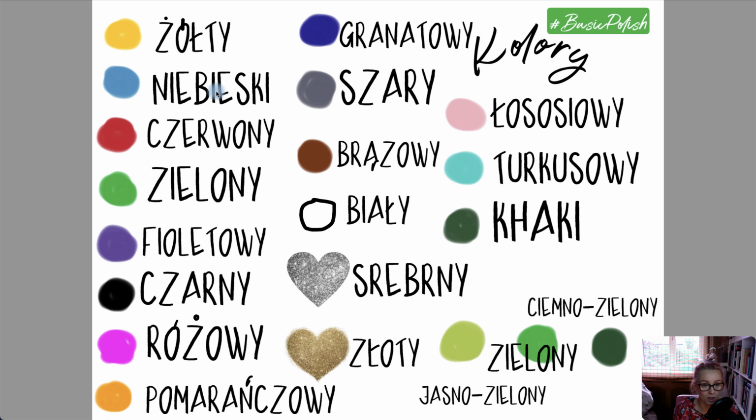Notice that when we have a k letter in any adjective, this one describes blue, niebieski. I'm going to go through all colors in a second, so it's just the beginning, it's just the introduction. So niebieski, we don't have the y after k, okay? So we always replace y after k letter with i. Therefore, we don't have niebiesky, but niebieski.